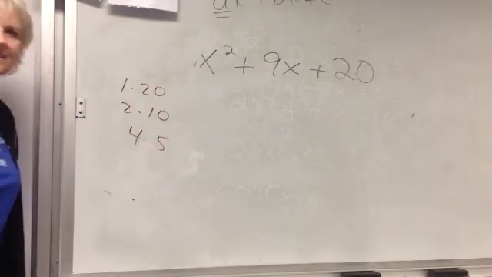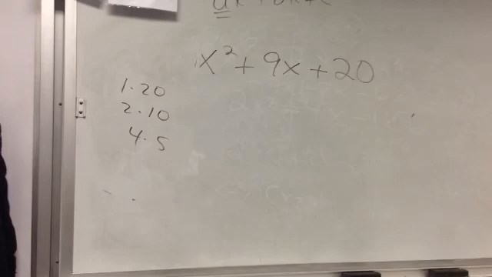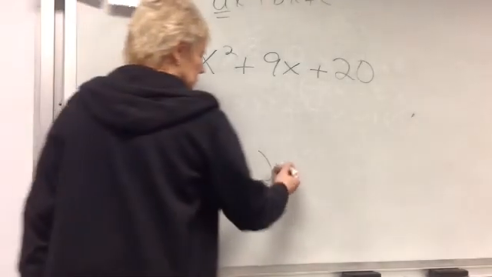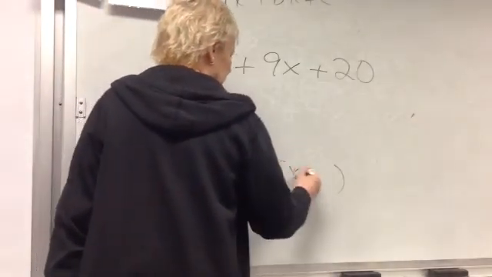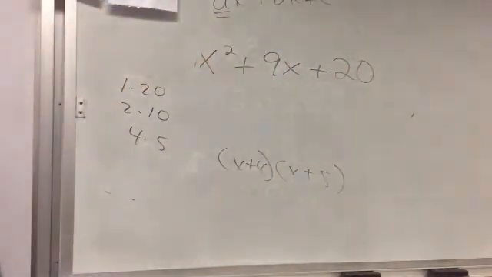Give me 9. Positive 4, positive 5? That's easy. Maybe I shouldn't teach the other way at all? No, you should. The other way is like a check. Yeah, that's why I'm gonna do the other way.